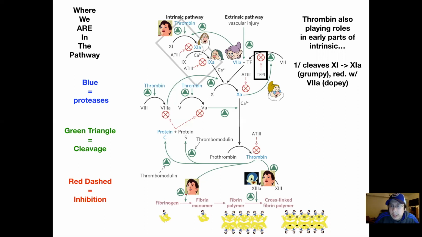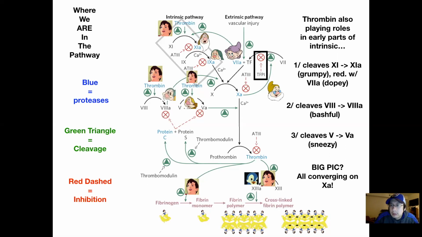So here I'm pointing them out to you. Here I just said that thrombin helps cleave protease 11 to 11A. Look, it's also involved here though. Let's call this one bashful. It's cleaving 8 to 8A. What else? Sneezy, maybe. 5 to 5A.